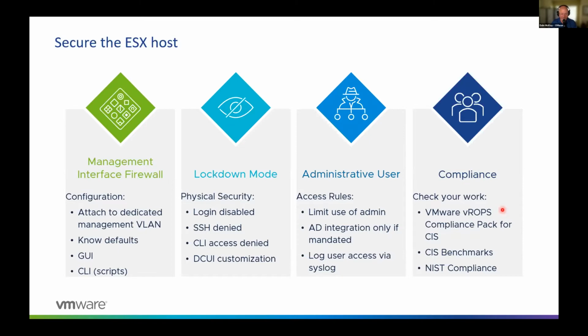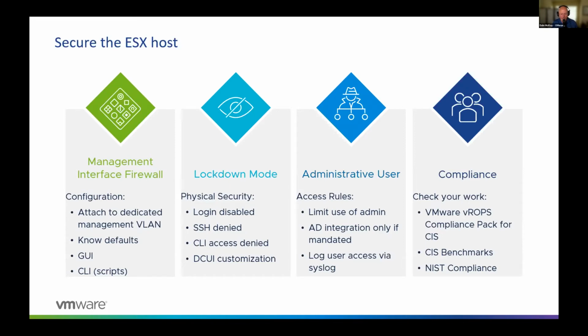If you're not familiar with the CIS benchmarks, I encourage you to go and become familiar with those. The benchmark for vSphere 7 is out now, and you can take a look at that. That certainly should be at least a starting point for becoming compliant and being able to demonstrate that compliance with that particular security framework.